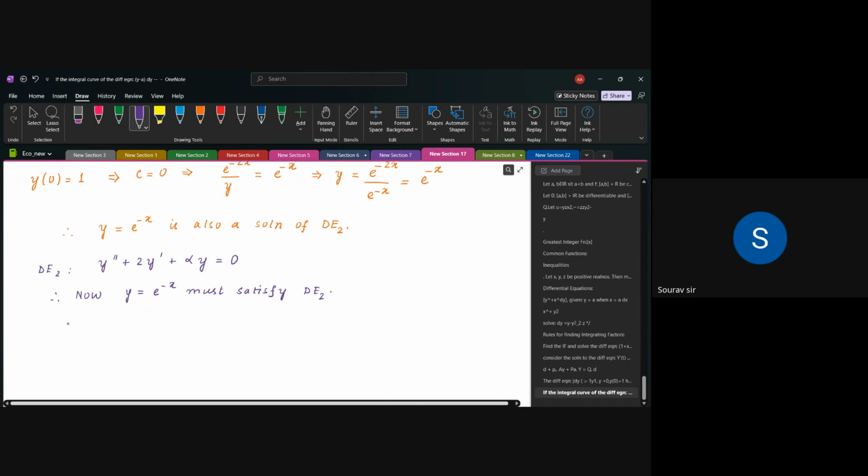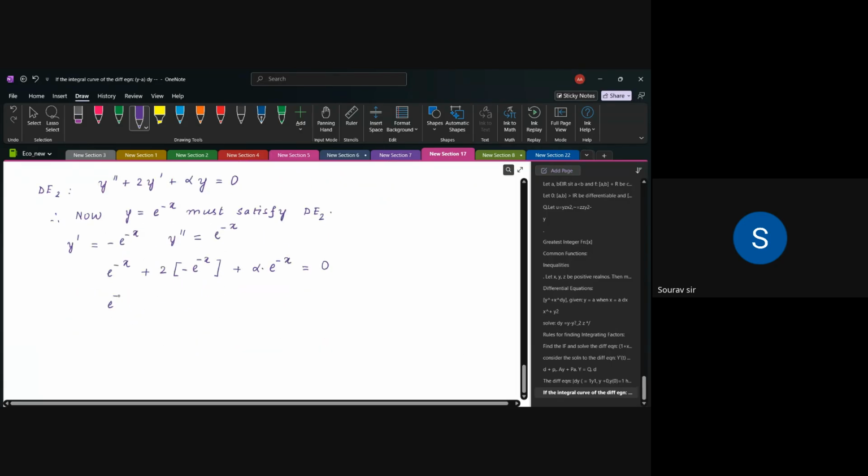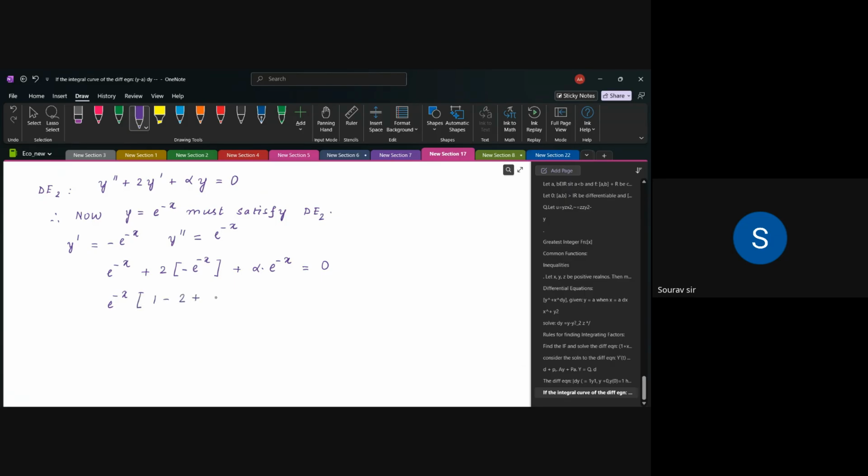Let me just verify. So your y dash will be minus of e raised to the power minus x, and y double dash is e raised to the power minus x. So that means e raised to the power minus x plus 2 times minus of e raised to the power minus x plus alpha times e raised to the power minus x is equal to 0. So if I take e raised to the power minus x common, this will be 1 minus 2 plus alpha is equal to 0.